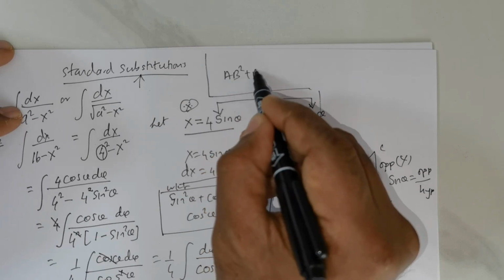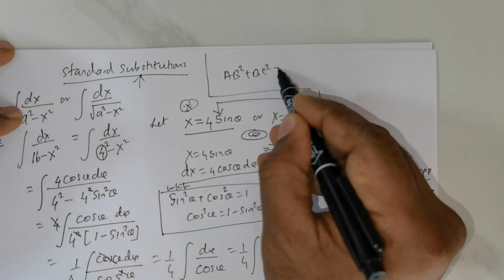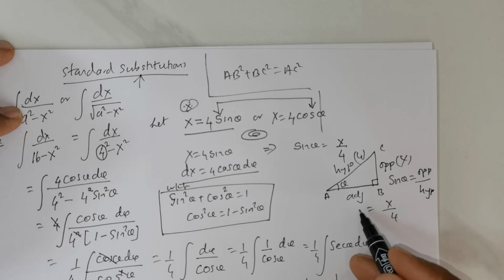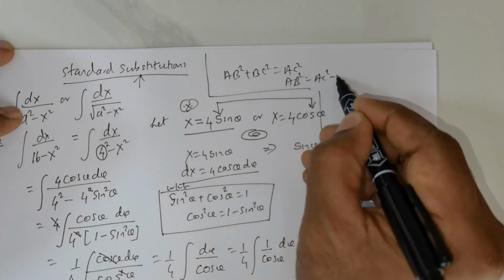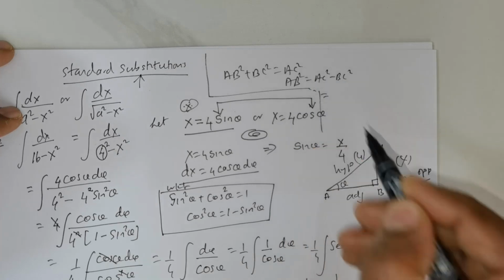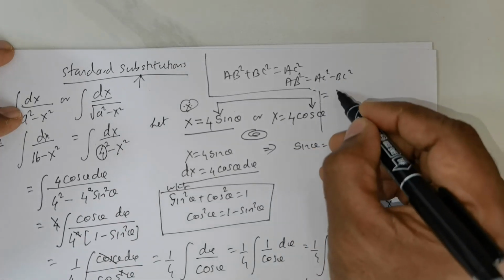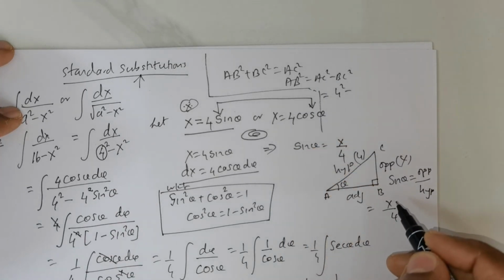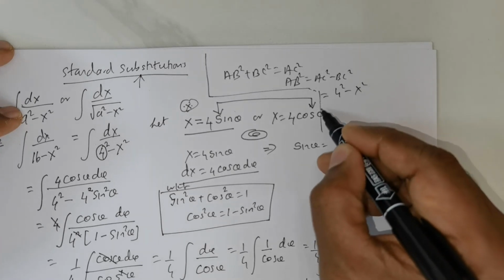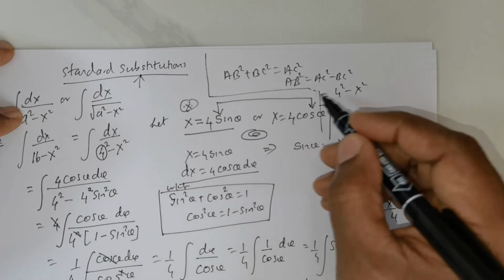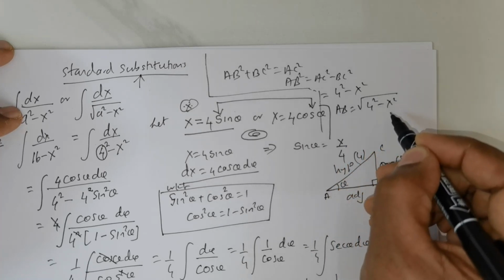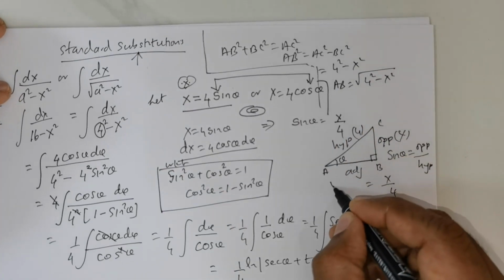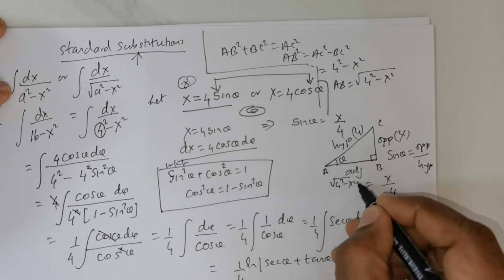So it's AB squared plus BC squared is equal to AC squared. So I need AB squared. So AB squared is equal to AC squared negative BC squared. So AC squared is 4 squared and my BC squared is x squared. So we need only AB. So AB is equal to square root of 4 squared negative x squared. So that goes down over here, 4 squared negative x squared.